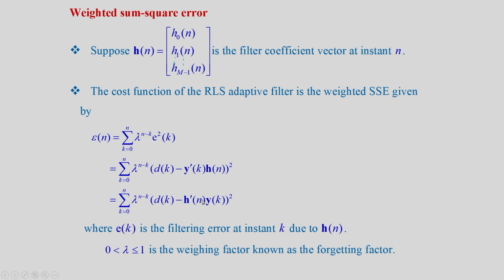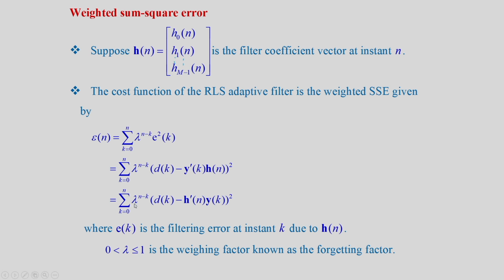So, you see that the filter at instant n, that is hn, is used to filter all the previous data yk, k from 0 to n. So, that way ek is the filtering error at instant k due to filter hn. This we have to note.